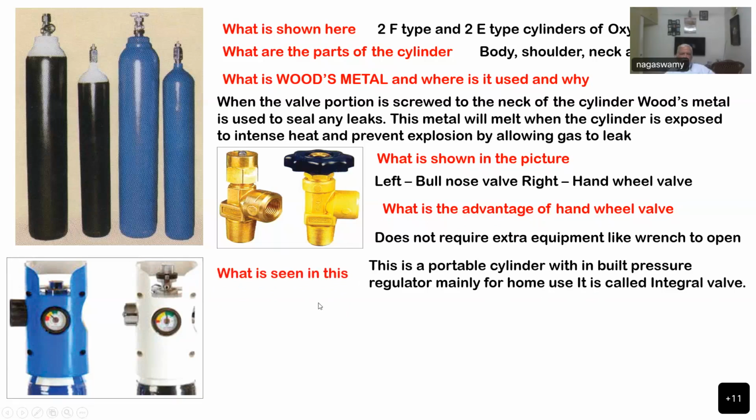It's called integral valve. Okay, so this cylinder will show you the pressure. So this built-in pressure regulator is there with the outlet, and you can use this to open the cylinder. And when you are using it as a domiciliary measure, you know whether the cylinder has become empty or not. Whereas in this, you won't know.